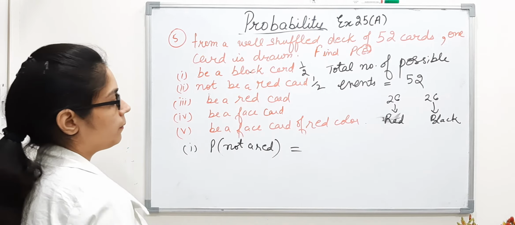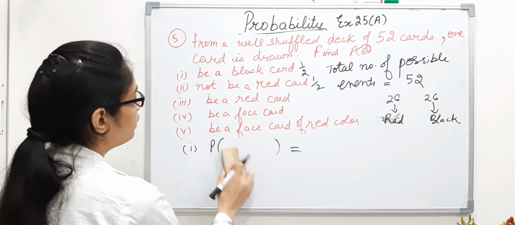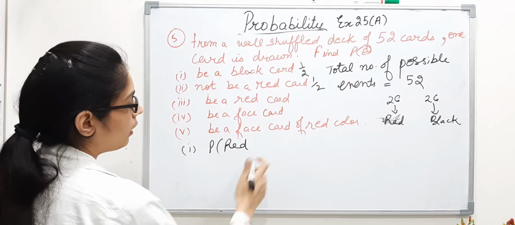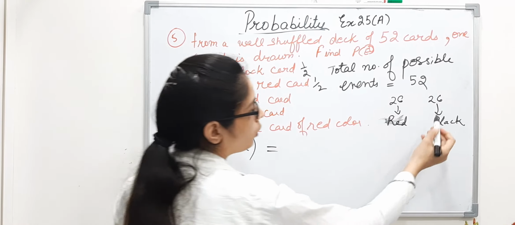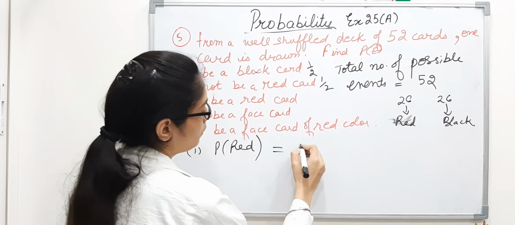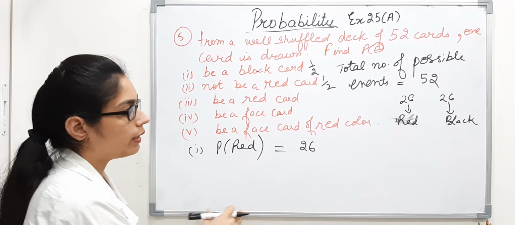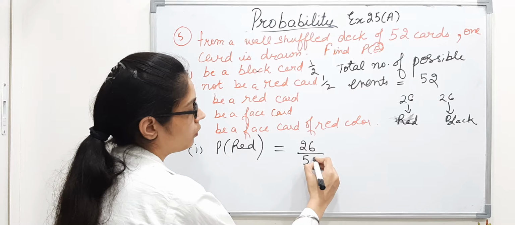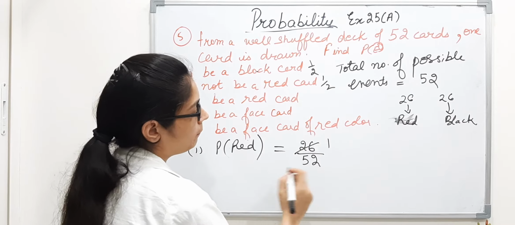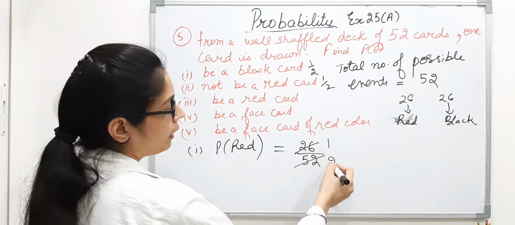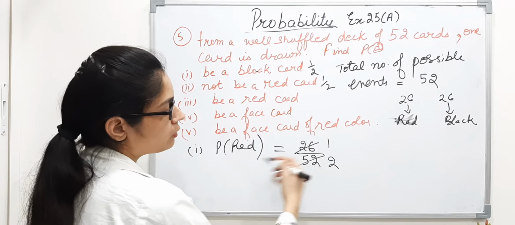Be a red card. So now you have to find the probability of a red card. So number of possible outcomes favorable to red, you can write 26 because 26 cards are red in color, then 52. So again it will be 1 by 2. 26, 1 into 26 is 26, 26 into 2 is 52.